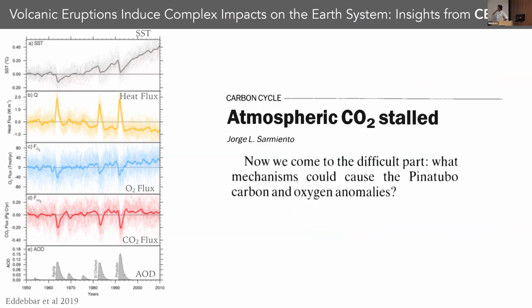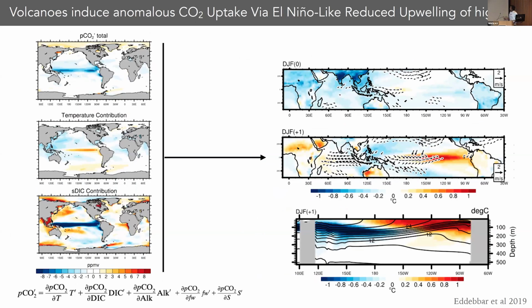So going back to Jorge's article, which posed another really important question, what mechanisms could cause Pinatubo effects on carbon and oxygen anomalies? Surprisingly, what we found is that the carbon response is not necessarily driven by the temperature effects on surface pCO2, but actually changes in the transport of DIC to the surface.